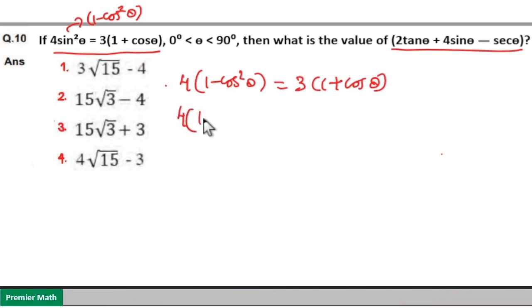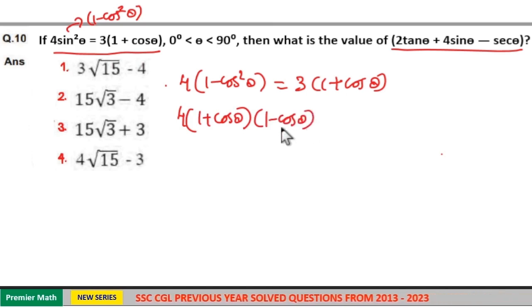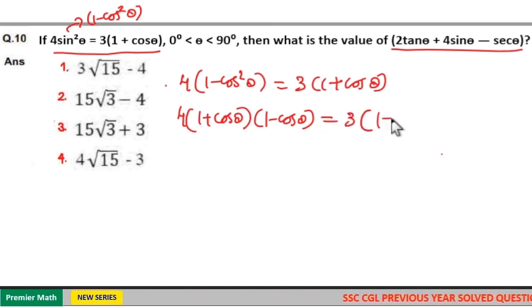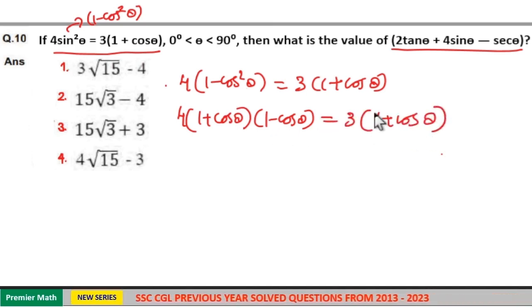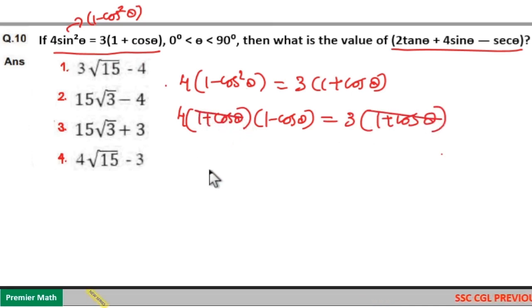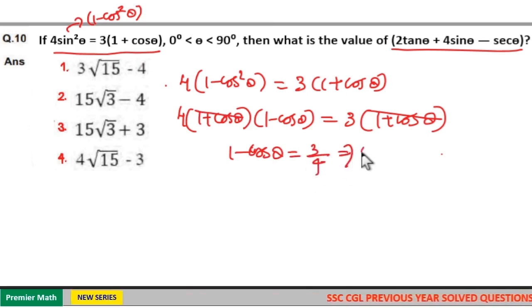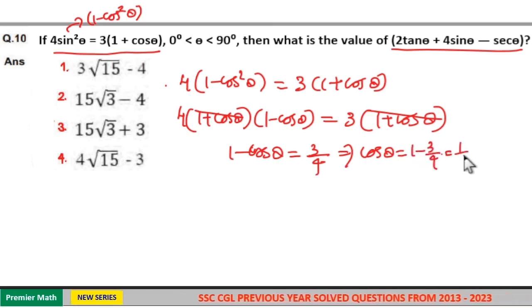That is 4 into 1 minus cos square theta, that is 1 minus cos square theta is 1 plus cos theta into 1 minus cos theta, which is equal to 3 into 1 plus cos theta. Now 1 plus cos theta, 1 plus cos theta cancel. That is here 1 minus cos theta is equal to 3 by 4, means cos theta is equal to 1 minus 3 by 4, which is 1 by 4.